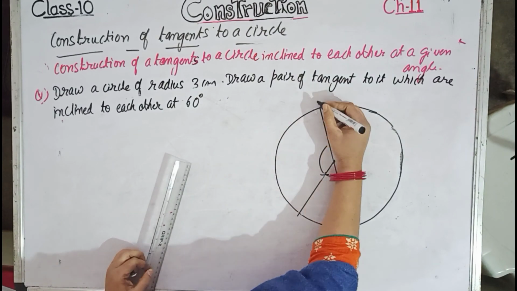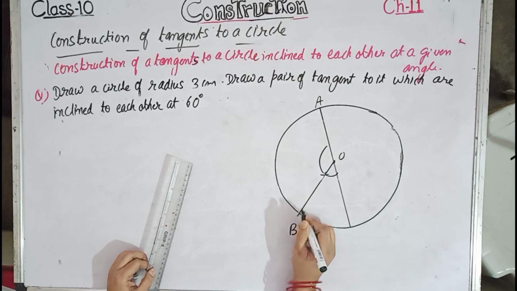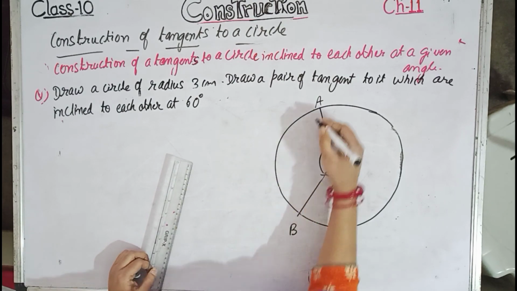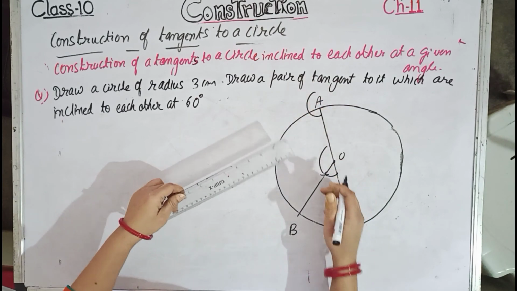Now these 2 points you name as A and B. Now over A and B you draw 90 degree with the help of your compass.